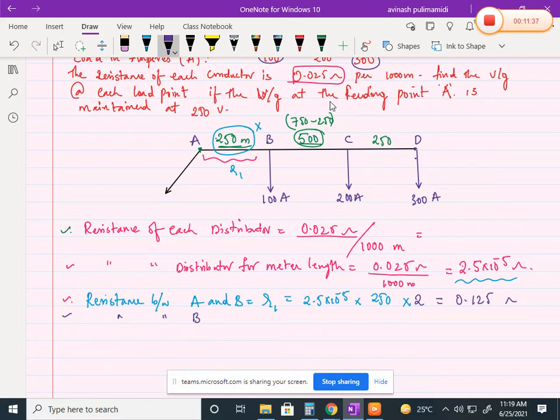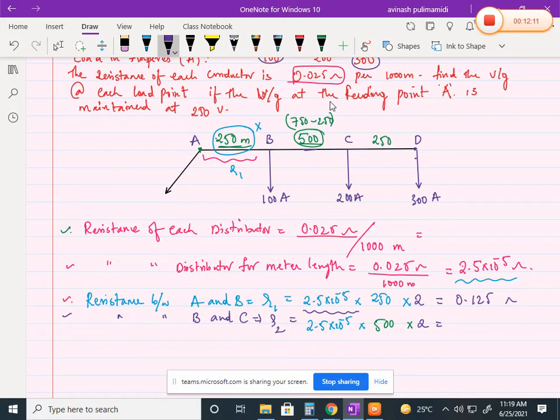Next, B and C will be denoted by R2. Same. This multiplied with the 500. So let me write the same: 2.5 into 10 power minus 5 into 500 into 2.